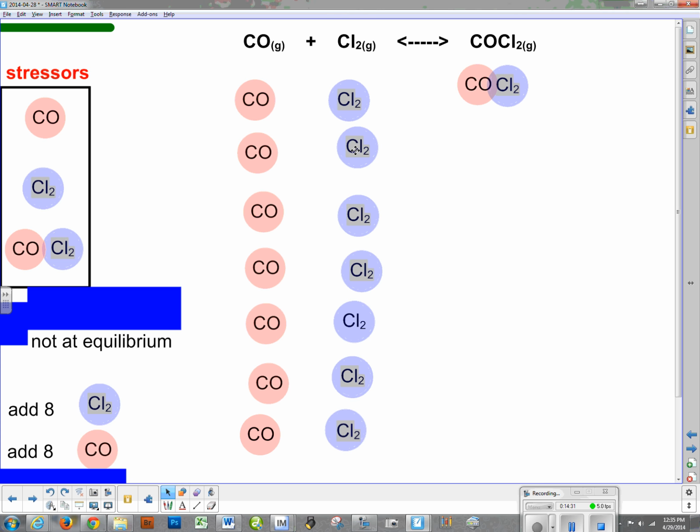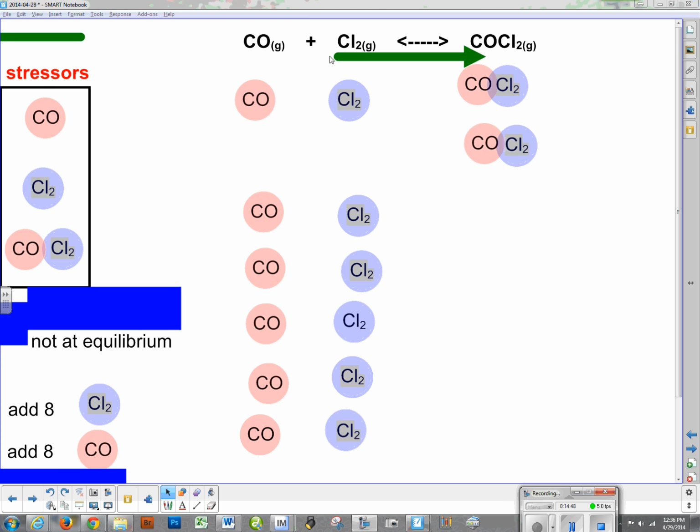He can only go so far because all he can do is work with the balanced equation, which means what he did was he just made what? A right or a left shift? Well, he actually made a left shift. So because we made more of this product, remember I added this, which was made from this and this, we wound up having a right-hand shift because we removed some of this, but LeChat then wanted to make more.